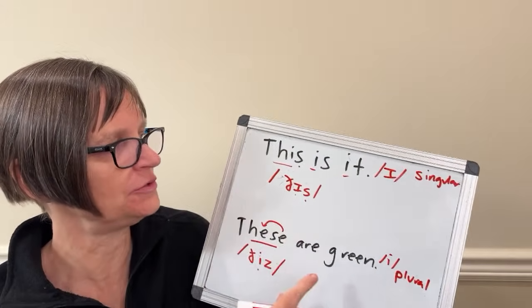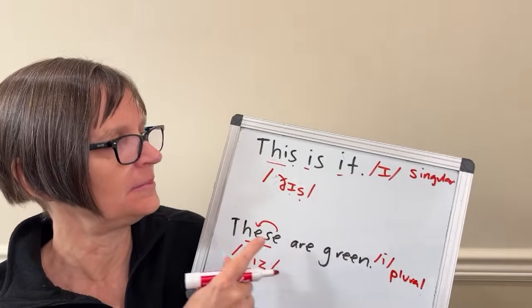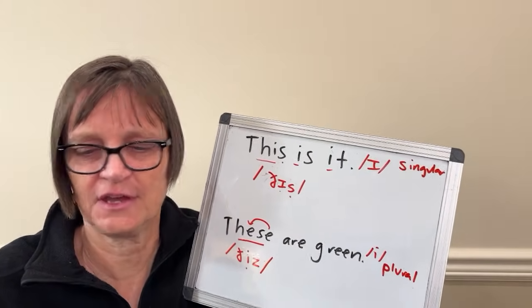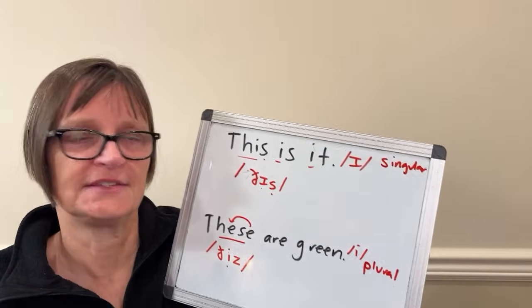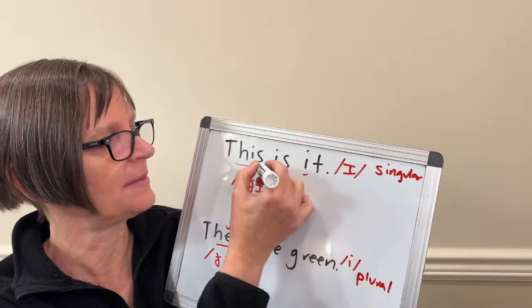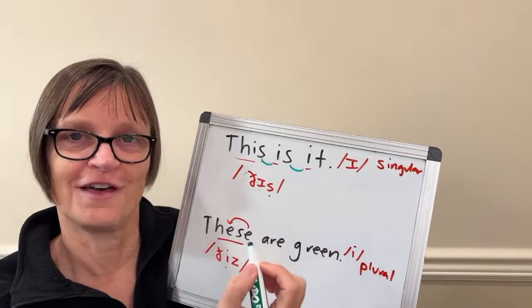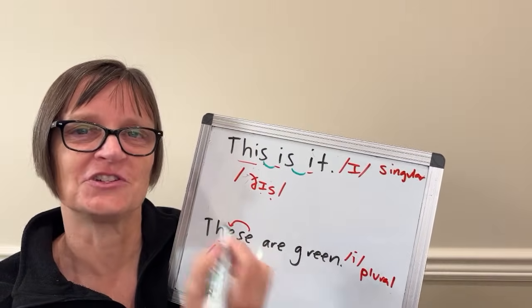I chose these two phrases to also show you how we link and connect them. So when I'm saying this is it, I'm going to link between these two. My first letter S is an S sound, as I mentioned, in this.